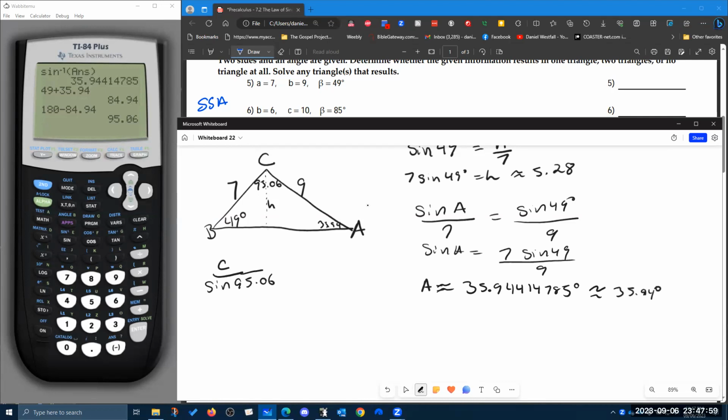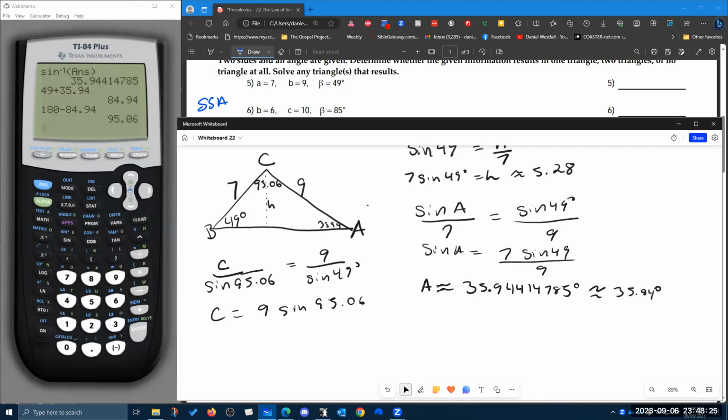This is the only time that I want to use a rounded answer here in my law of sines, and I'm going to use the pair of things that I know exactly: 9 over sine of 49, because neither of those things are rounded. So c is going to be equal to 9 sine of 95.06 over sine of 49 degrees.